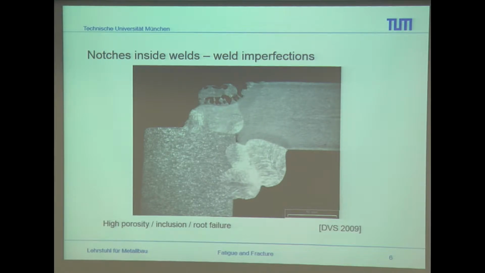The next one, again, is high porosity. You can already see here, due to the black colors, that these are huge pores. But at the same time you also have some inclusions inside and some root failure.